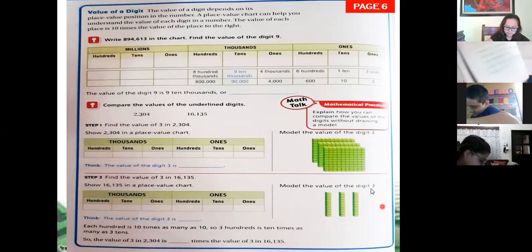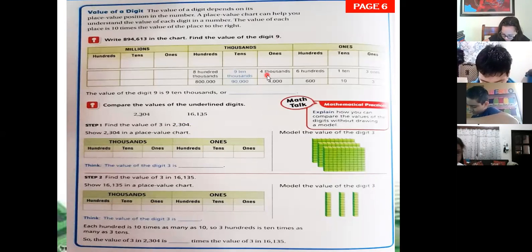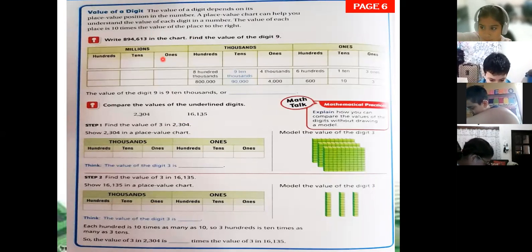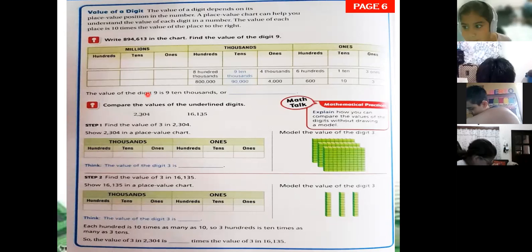Don't worry about that, sweetie, because it's the same that you have at the beginning, but in later stuff. Now, page number 6, later we're going to complete it. In page number 6, we have the value of a digit. Remember that it depends on the place or the position of that number that we know how much or how many we have, if we want ones, tens, or hundreds. That's what we were talking about yesterday.